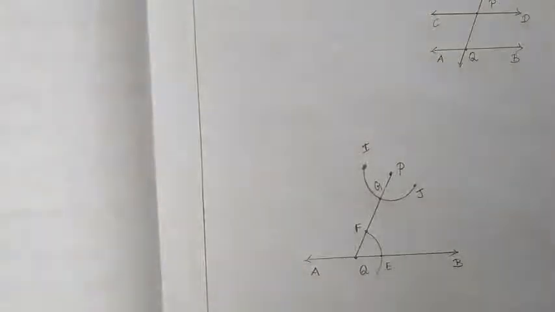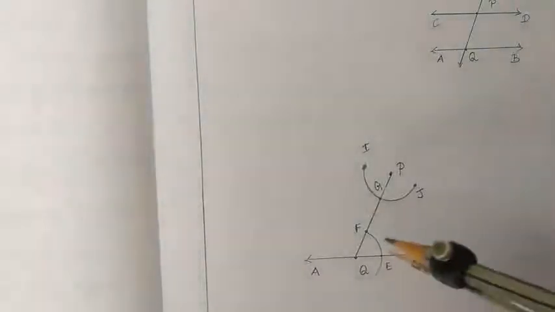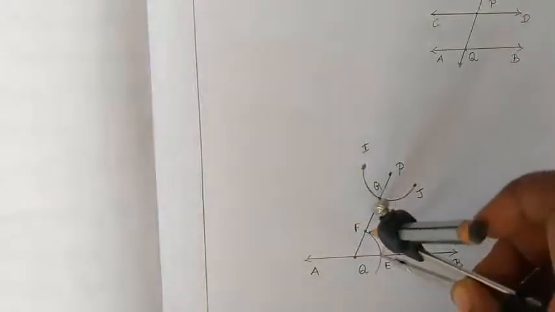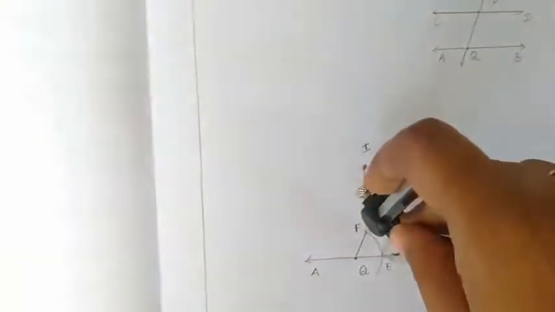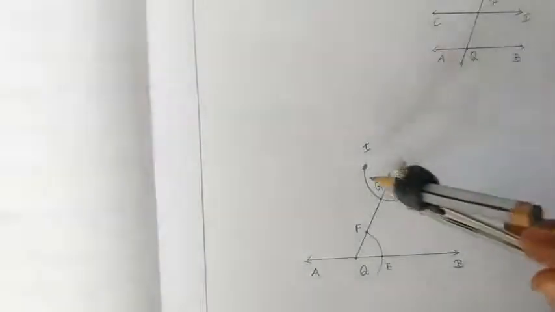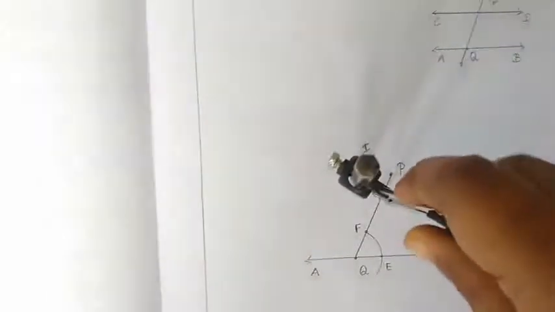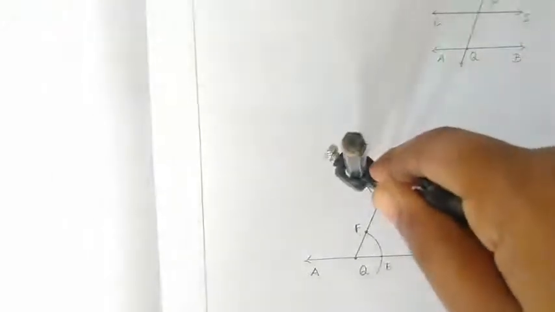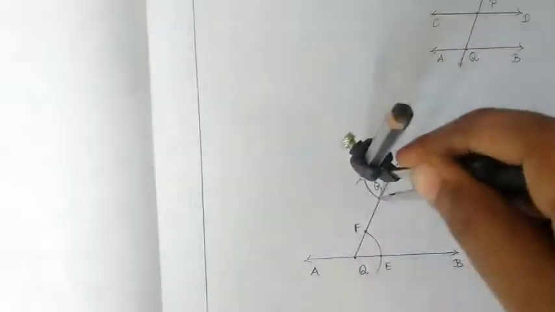Next step, we have to place the pointed tip of the compass at E. Then adjust the compass to EF. Then with G as center, draw one arc. This arc cuts the arc IJ.